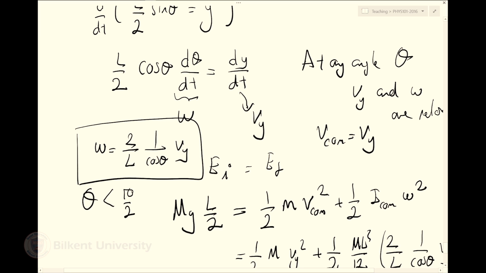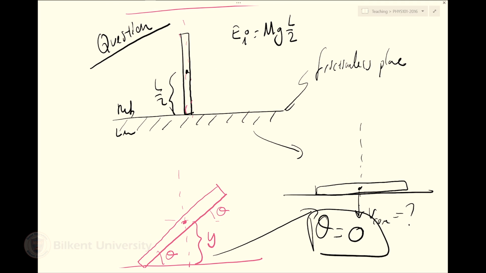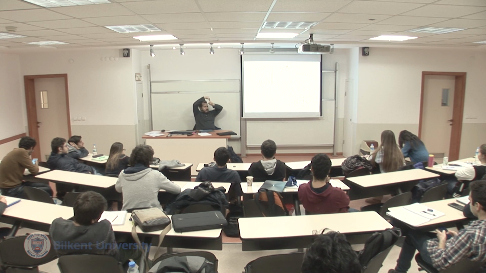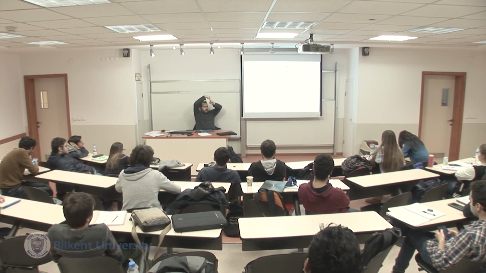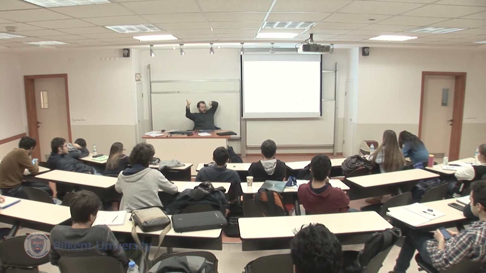Yes? Excellent question. Why does the center of mass not move? What is the total momentum of this object? Total momentum of this object is its total mass, m, times its velocity. And it has two components, in the x direction and in the y direction.